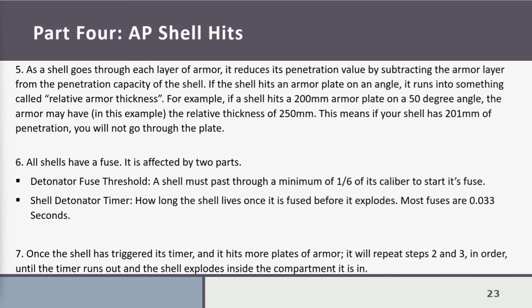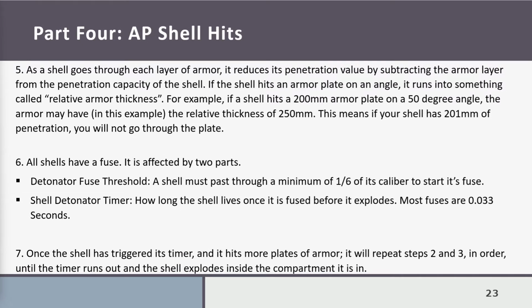So next, relative thickness. As the shell goes through each layer of armor, it reduces its penetration value by subtracting the armor layer it just went through from the penetration capacity of the shell. If a shell hits an armor plate on an angle, it runs into something called the relative thickness. So, for example, if a shell hits a 200 millimeter piece of armor at a 50-degree angle, and the armor, let's say in this example, has a relative thickness of 250 millimeters, and your shell has 201 millimeters of penetration, you won't go through the plate, because the shell's impacting on an angle and there's just too much metal in the way.